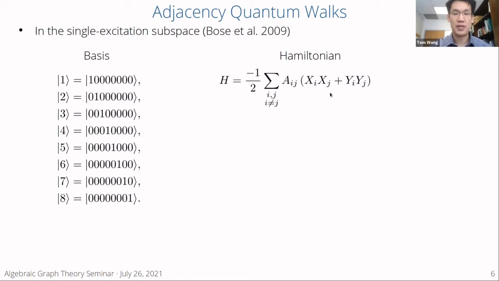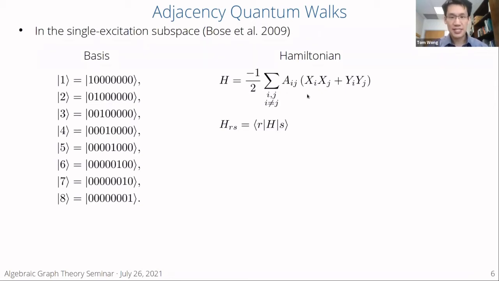This is the Hamiltonian that we had from the previous page. And if we want to look at its elements, say its RS element, that would just be the inner product of this Hamiltonian with whichever elements we're looking at. So if we want to know the 1, 2 element, on the left we'd have this state, and on the right we'd have this state, and we're taking this inner product.